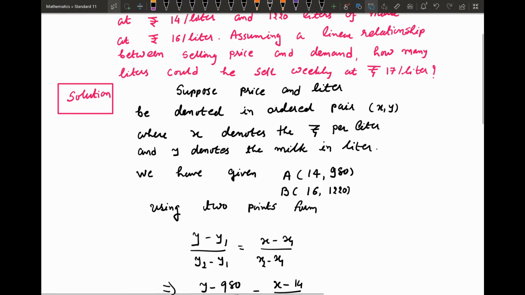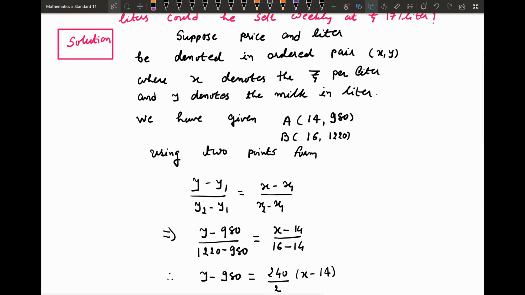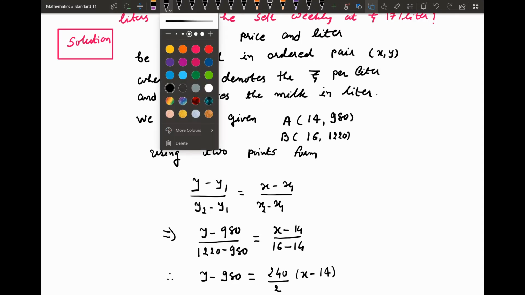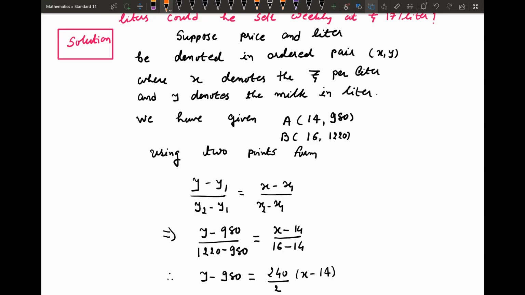For that purpose, suppose price and liter be denoted in ordered pair (x, y), where x denotes the rupees per liter and y denotes milk in liters.